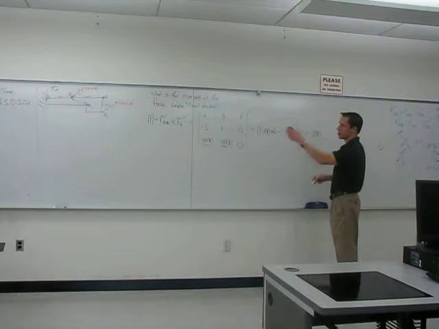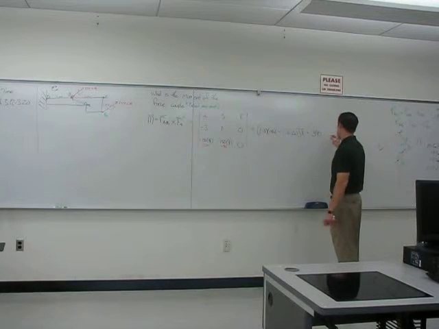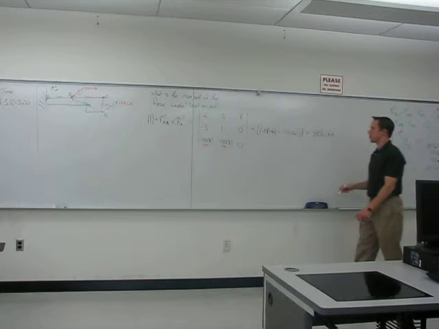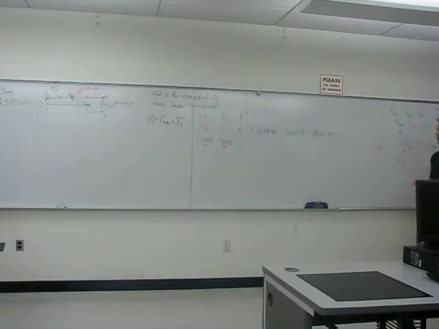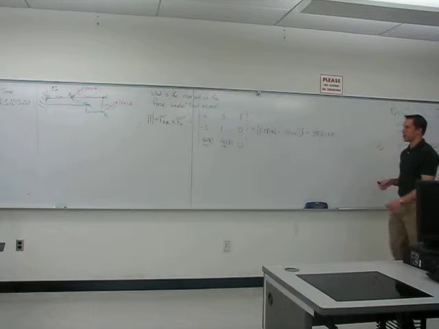And if I check the units, I've got feet and I've got pounds for my unit. And I need my K direction, so I have a vector result. So the moment of this force couple is 390 foot-pounds or pound-feet in the K direction. So what does that mean?